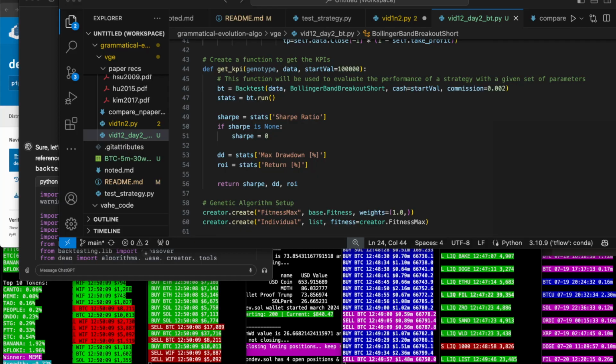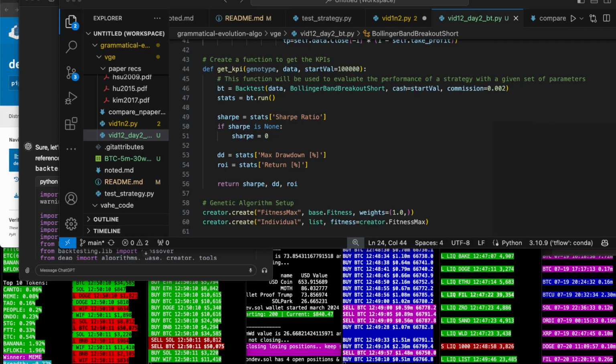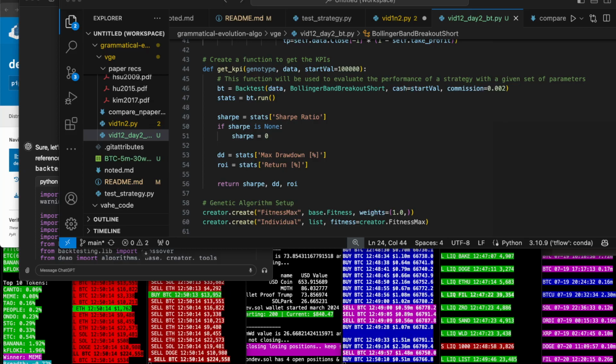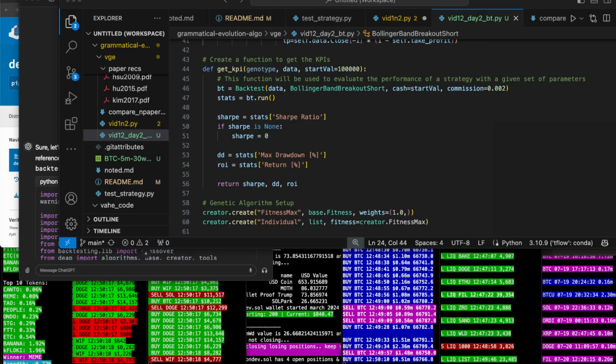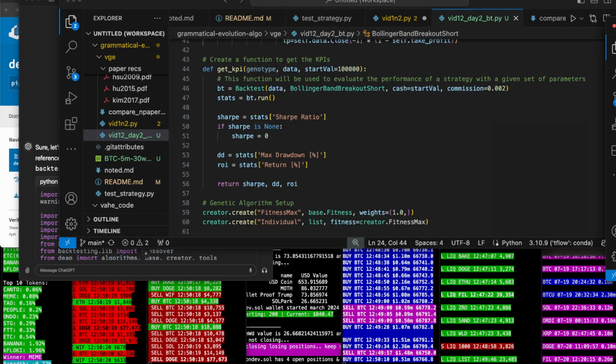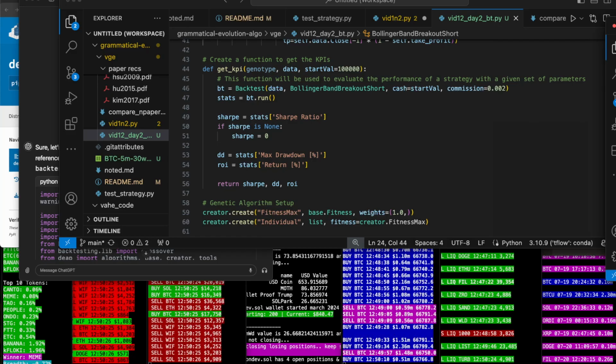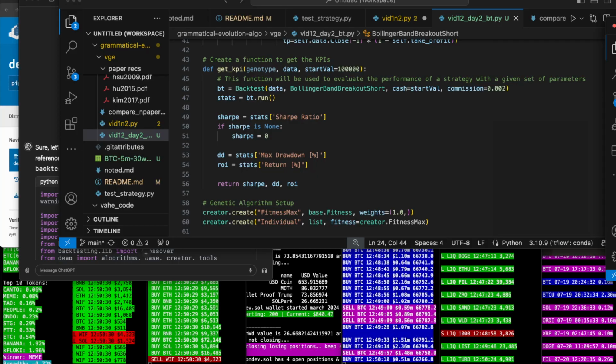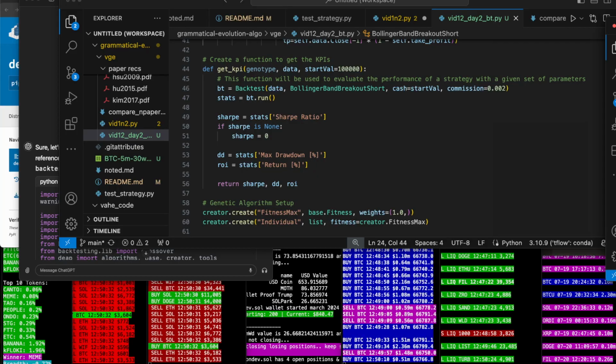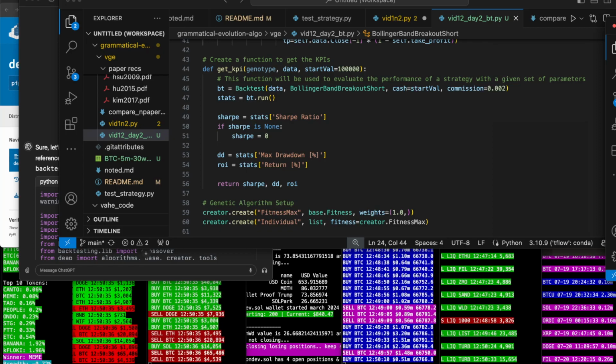How about this little mean reversion strategy? All right, how about this one? Yeah, let's do this one. So this is a mean reversion strategy.